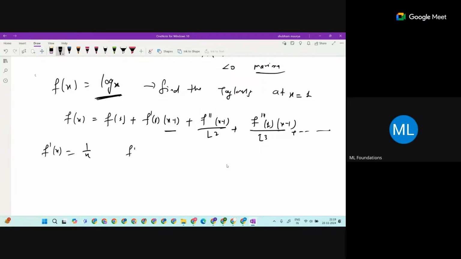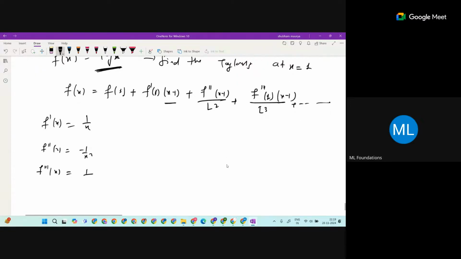Then the double derivative, which is going to be minus 1 by x squared. The triple derivative is going to be plus 2 by x cubed.